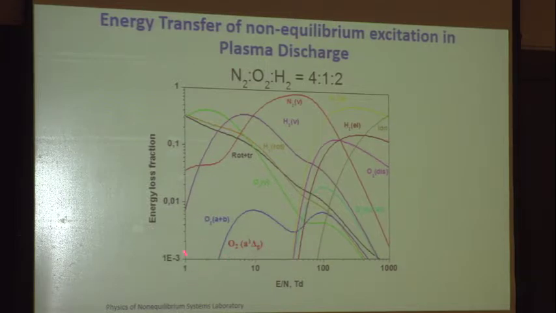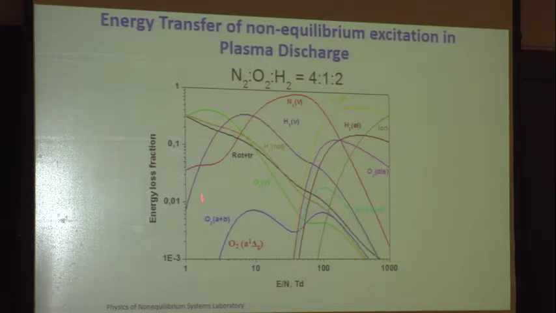So if you look at 1 Townsend, this is a nitrogen vibrational state, and this is hydrogen rotation. Rotational and vibrational excitation basically happen at 1 Townsend. And at 2, 3, about 5 Townsend, you can start to see the O2 a singlet reaction. Looking at vibrational oxygen, you can see that the cross-sectional area decreased dramatically.